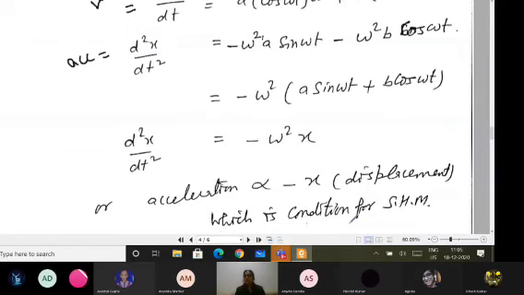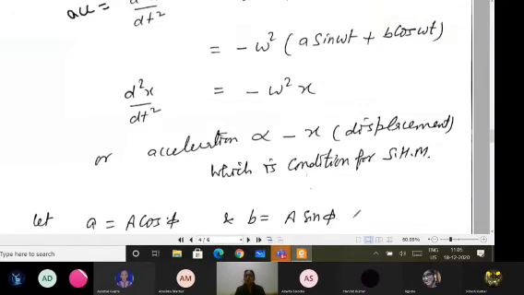This is the condition for SHM, and from here you can relate that the equation I had written for SHM was d2x by dt square plus omega square x equals 0. Either I can write this equation, or I can prove it if they ask you to prove that this is the equation of SHM. You are supposed to simply prove that acceleration is equal to minus displacement.